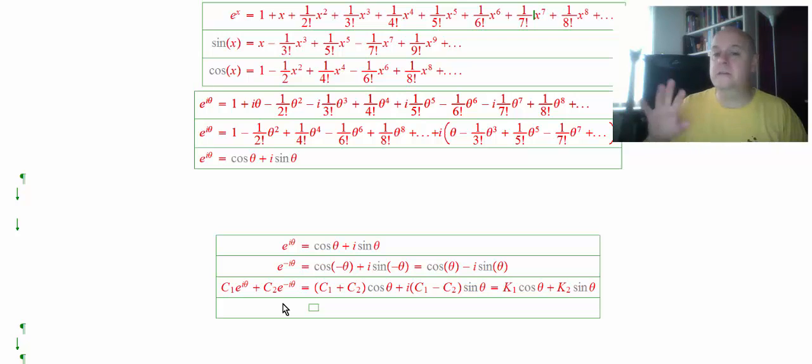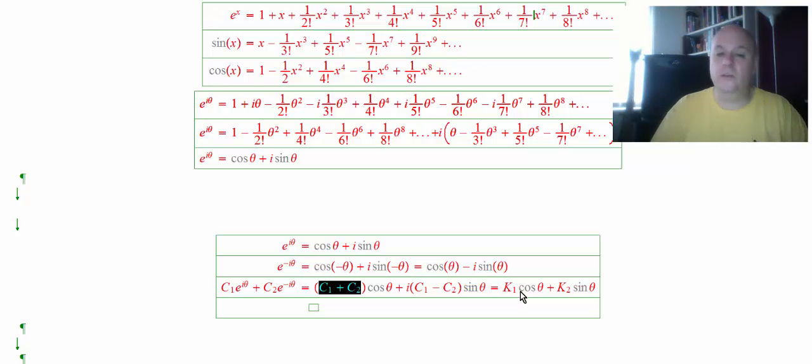Another thing that we did here seems a little bit like sweeping under the rug, but we're going to clean it up in a minute. Where did the i go? Well, C1 plus C2, I renamed that K1, so C1 plus C2 must be real because I'm assuming that K1 is real.